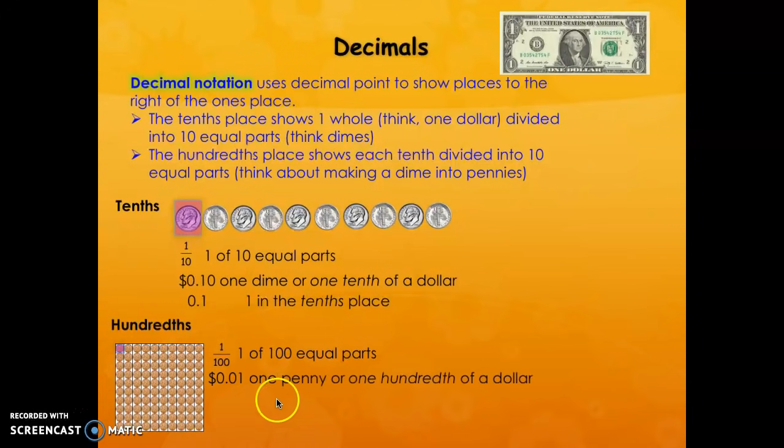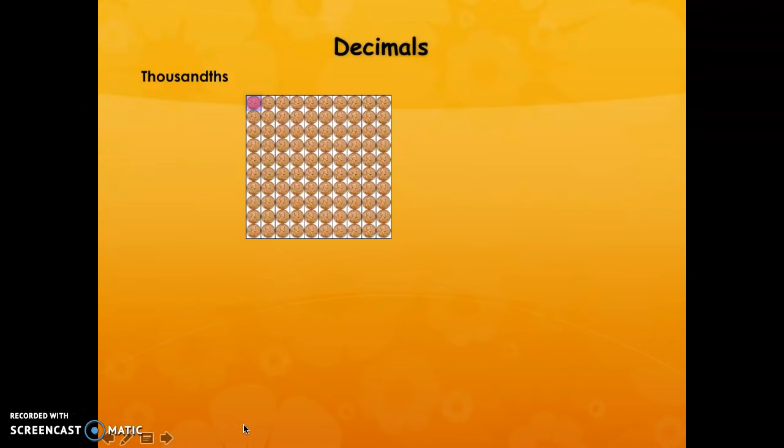So as money, that would be no dollars, no dimes, it would just be 1 penny, 1 in the hundredths place, or 1/100th of a dollar. So in decimal notation, if we take the dollar sign off, we have no ones, no tenths. We just have 1/100th or 1 in the hundredths place. Now, thousandths. This is all the further we're going to go in 5th grade, is to the thousandths place.